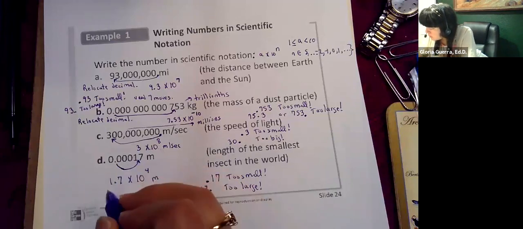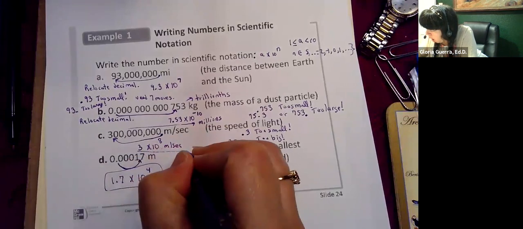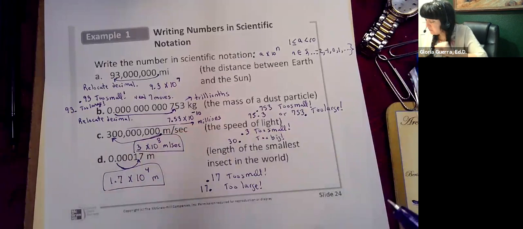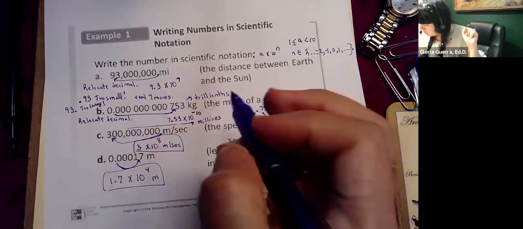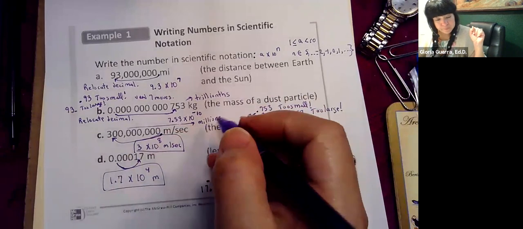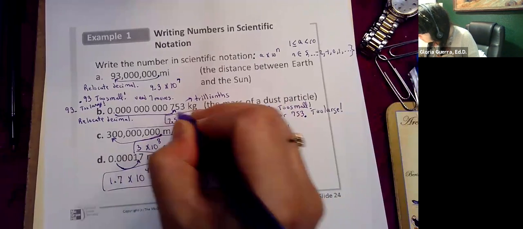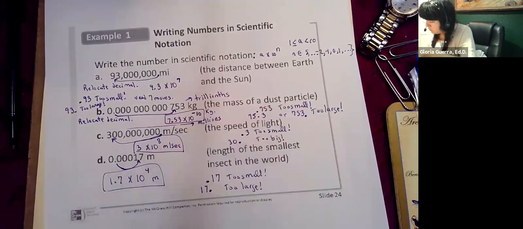So maybe I should box these. Where's the other answer? Here it is right here. And that's kilograms. So I can highlight those two.